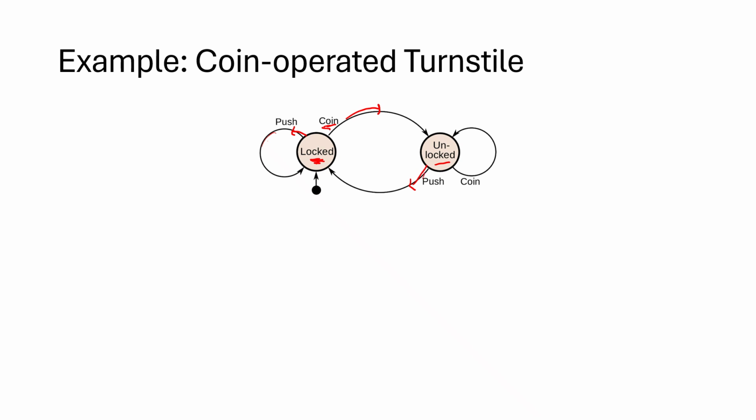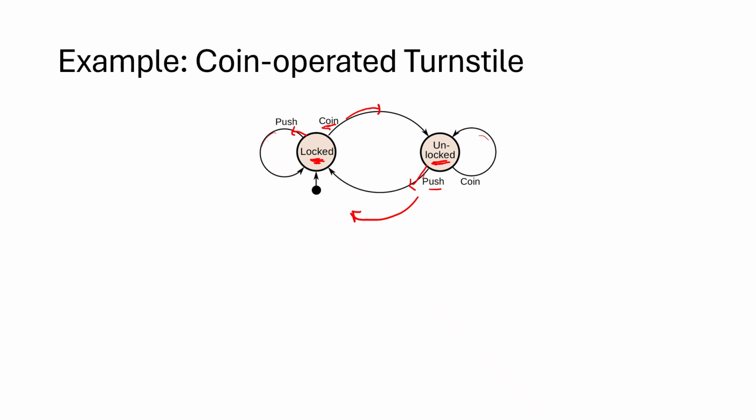So this arrow represents that scenario where the gate is unlocked and you push the gate and you go through it, and then the transition happens and it goes back to the state of being locked. And finally, if you are in the state of unlocked and your action is inserting another coin, then the gate remains unlocked.